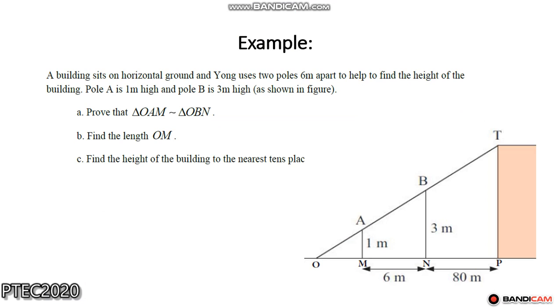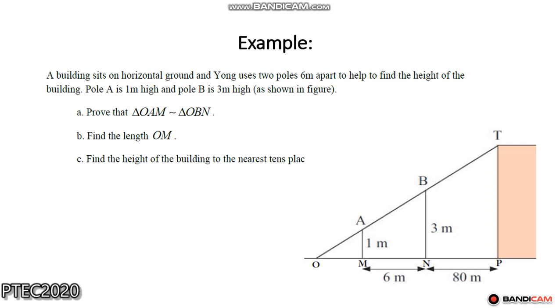Remember that in order to solve the exercise, you need to read the exercise clearly and make sure that you understand the question clearly before you start. For example, a building sits on a horizontal ground and Young used two poles 6 meters apart to find the height of the building.